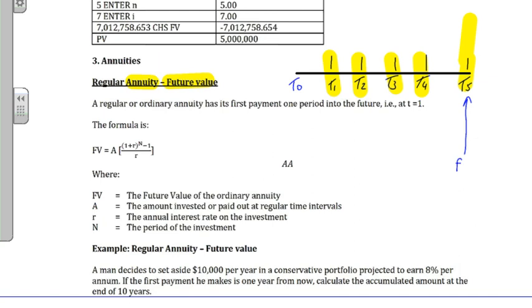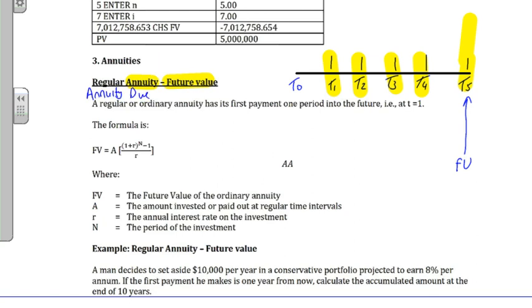Now, we differentiate between 2 kinds of annuities over here, guys. Annuity number 1 is called a regular annuity, and there's only one little difference. There's a regular annuity, and then there is an annuity due.